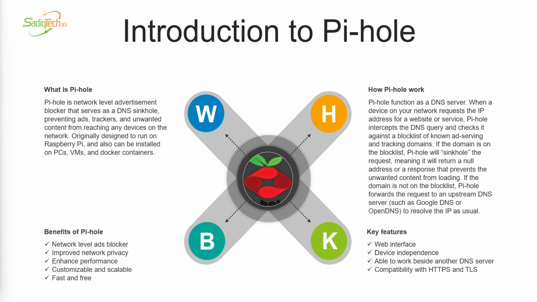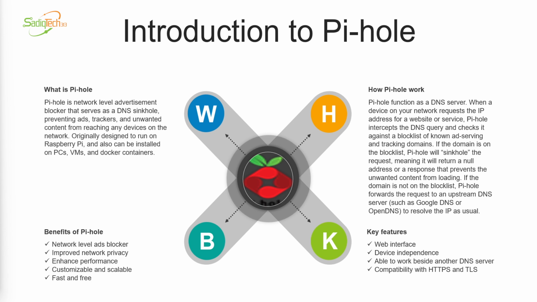Device independence means it's not necessary to install it on each device on a network. First, you configure it on an Ubuntu server and it will block all the malicious content and advertisements for the whole network. It's able to work beside another DNS server.